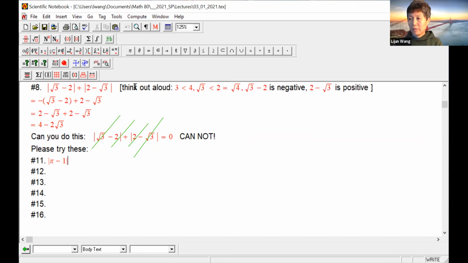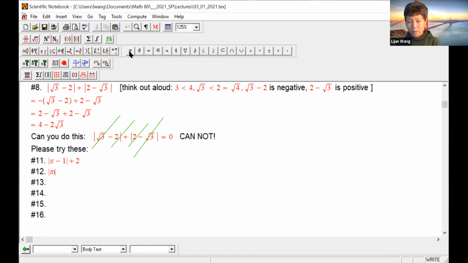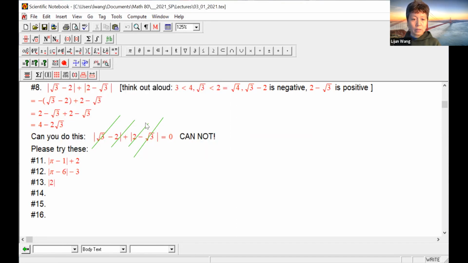Absolute value of pi minus 1 plus 2, and this is 12. The absolute value of pi minus 6 minus 3. The absolute value of 2 pi minus 6 minus pi. 14.